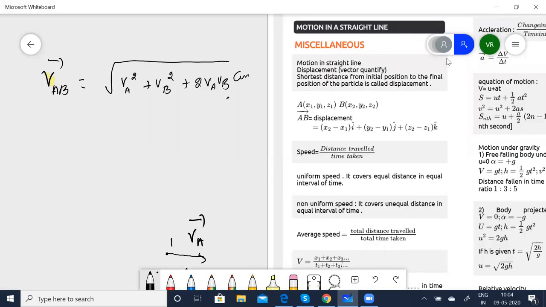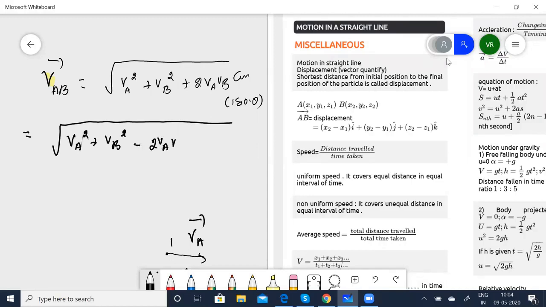Cos of the second quadrant is negative, right? So I can simply write this as root of VA squared plus VB squared minus 2 VA VB cos theta. You can simply remember this formula for the relative velocity of A with respect to B.